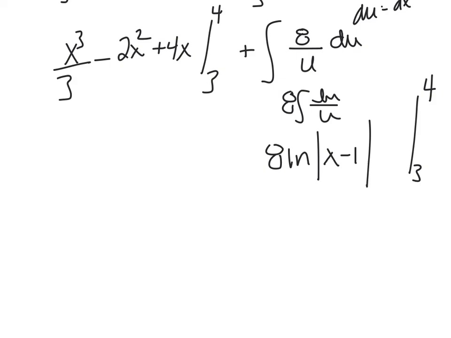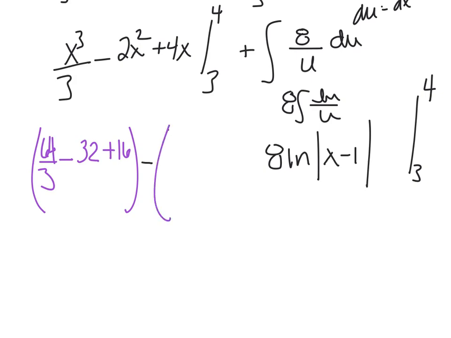All right, so I'm going to carefully plug in my 4. So 4 cubed is 64 thirds minus 4 squared is 16 times 2 is 32 plus 16. So there's my upper minus. Now I need my lower. Plug in my 3. 3 cubed is 27 divided by 3 is 9.